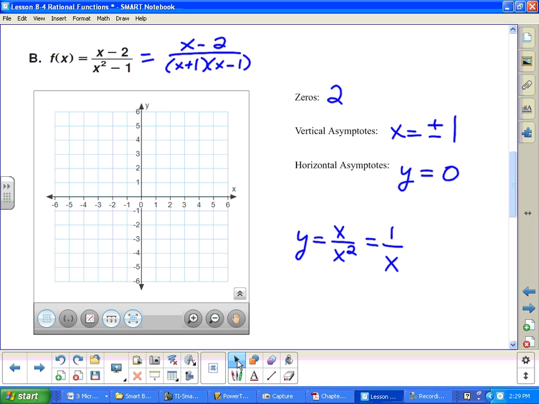All right, so graphing this then. We have a 0 at 2. Now, we also have a y-intercept, right? Can anybody tell me what the y-intercept is here? What do we know about the y-intercept?